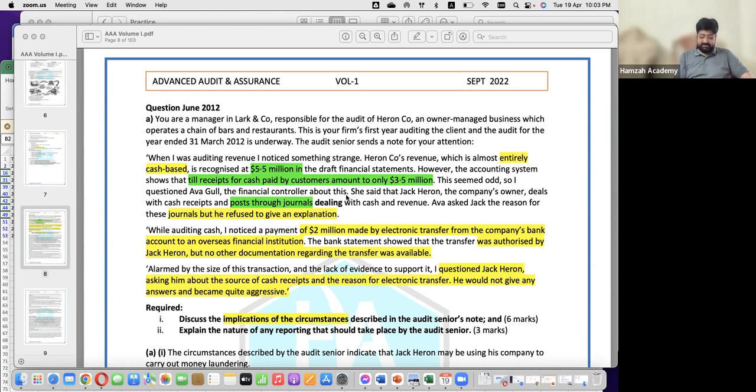There may be a risk that he may have been tipped off, Jack Heron, and which may prejudice the money laundering investigation.